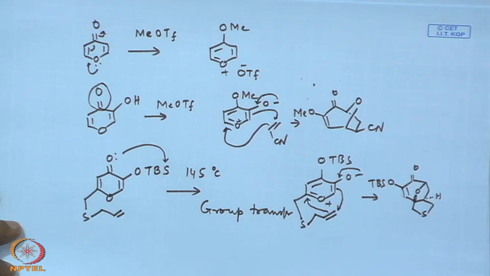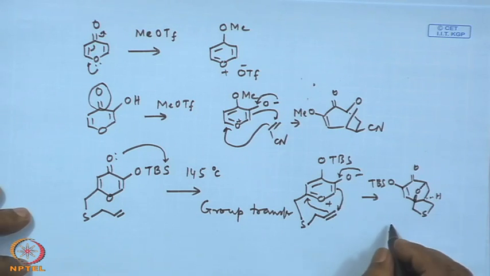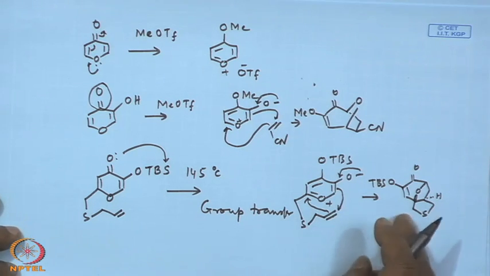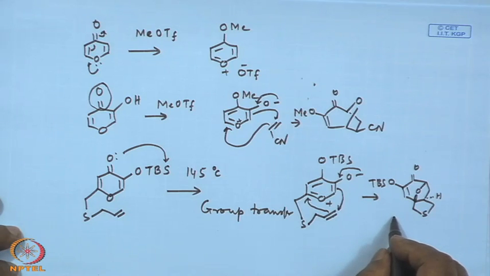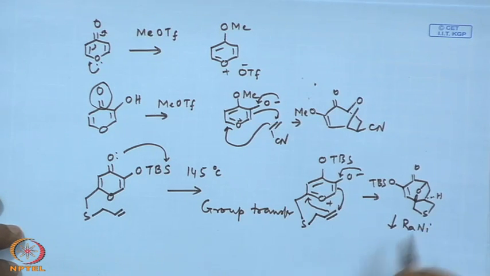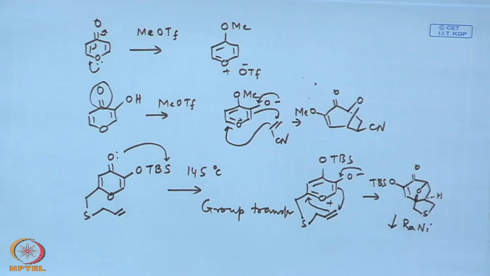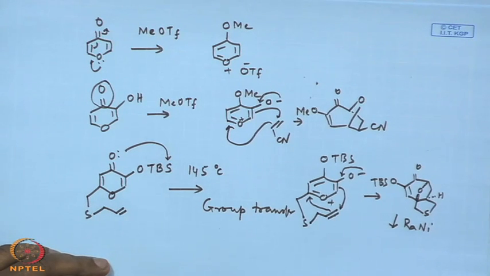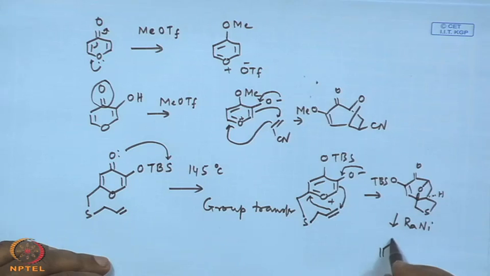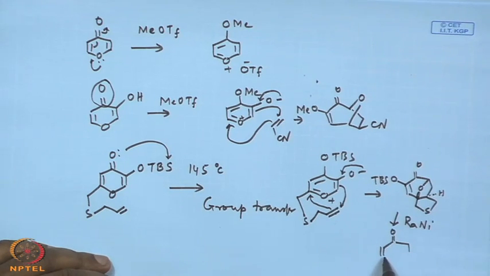Okay. Then actually this has also been converted to an advanced intermediate of a natural product if you use Raney nickel. Sulfur will be removed. Raney nickel is very selective, right.